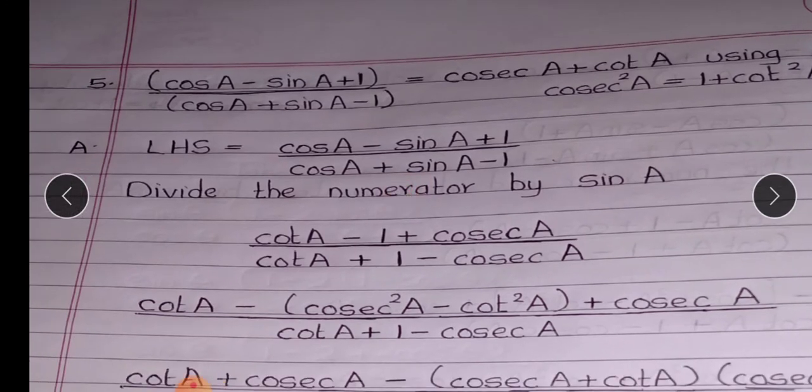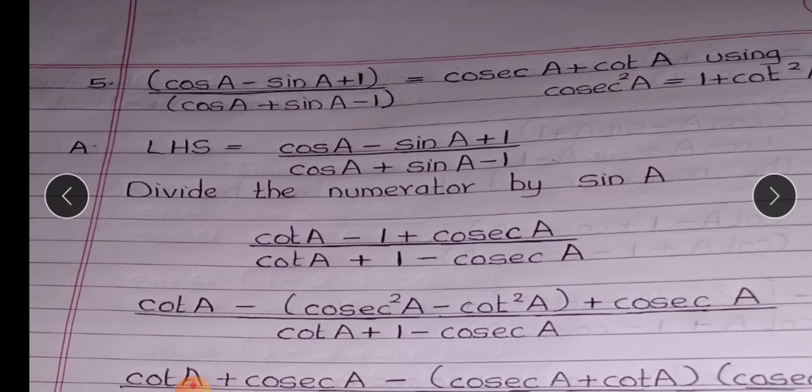So first take the LHS. What lies on the LHS? Cos A minus sin A plus 1 by cos A plus sin A minus 1.